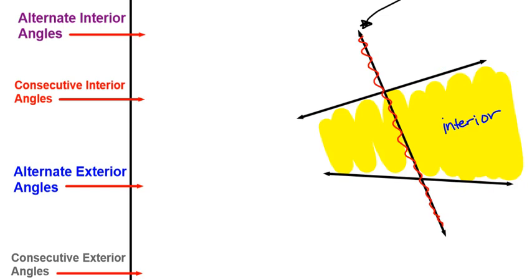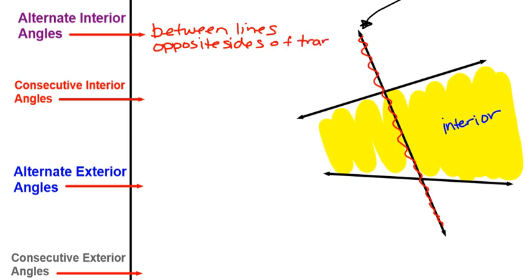And let's talk about some of these angles that we have here. The alternate interior angles, those are between the lines on the interior part, and they have to be on opposite sides of the transversal, T-R-A-N-S, transversal. So what we're talking about are angles that are in the interior, the yellow part, but they have to be on the left and the right of the transversal.